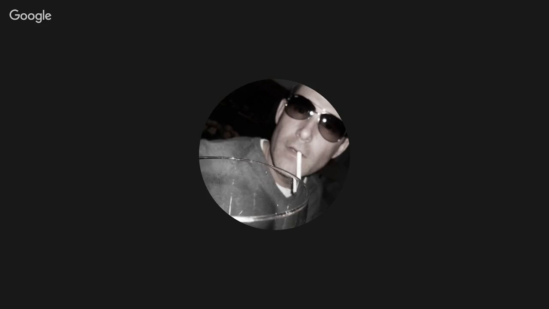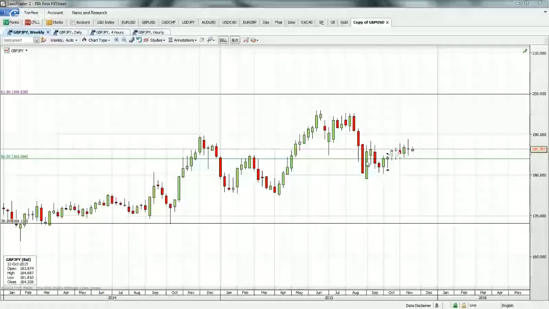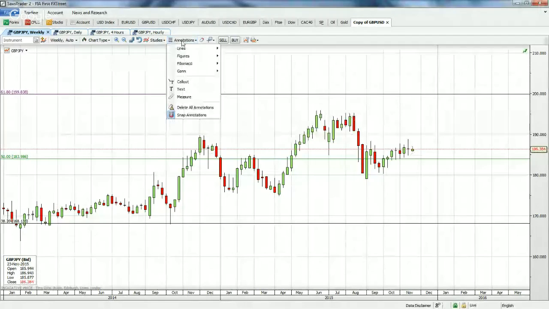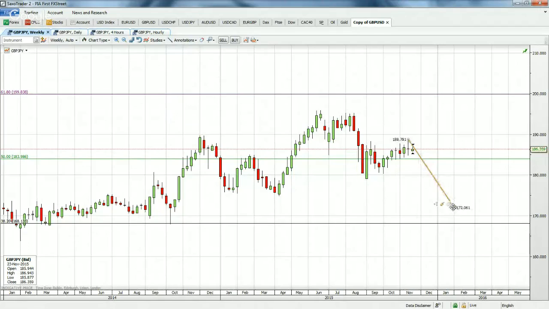If we are correct on the long-term outlook, and the bias is now to the downside, then this is either a flag or the second wave in a bigger corrective wave lower. Either way, and this is what we're looking for, high risk reward trades, we'd be looking for a move down towards 172 the figure.